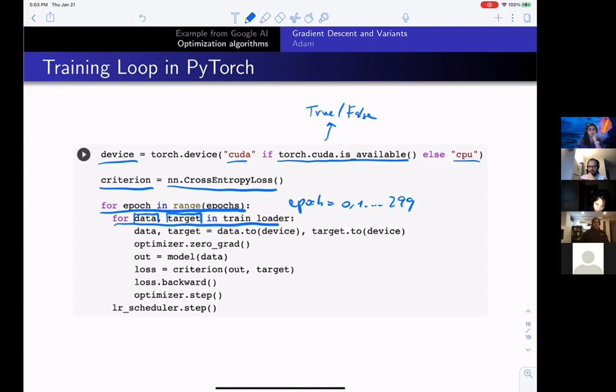So the next line is moving your data and target to the device. What does that mean? It means that your data is always sitting on a CPU, whereas you want the data to be sitting on a GPU. So you need to say, move the data from the CPU to the GPU, right?